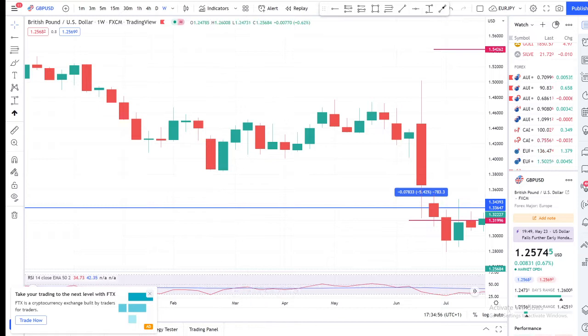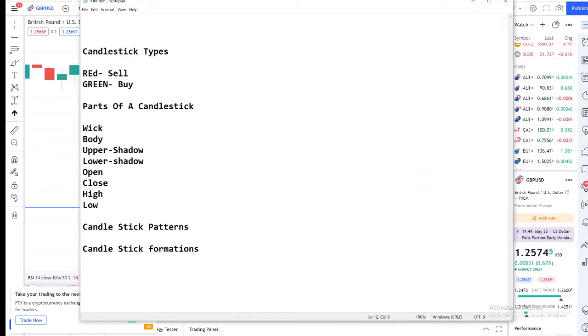When we are considering highs and lows, we consider the wicks, right?